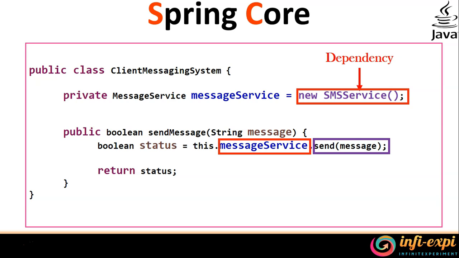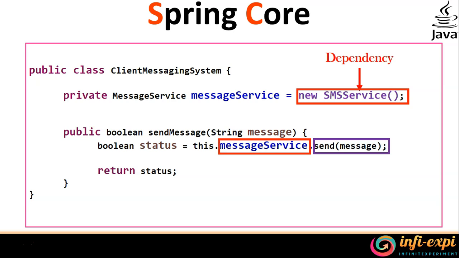So you will see the business logic of the send operations written inside the send method, which is kept inside the SMS service class. So we use that message service variable in order to call the send method, and you forward your message to the send method parameter, and your message is going to be sent to the specific destination.